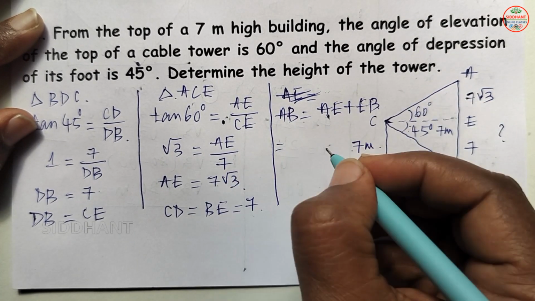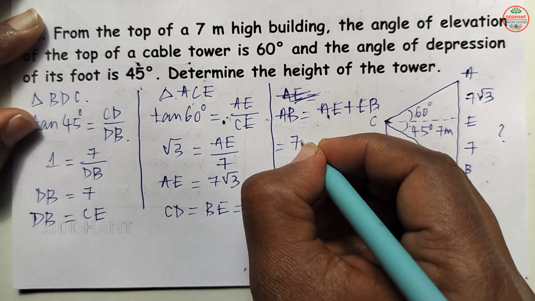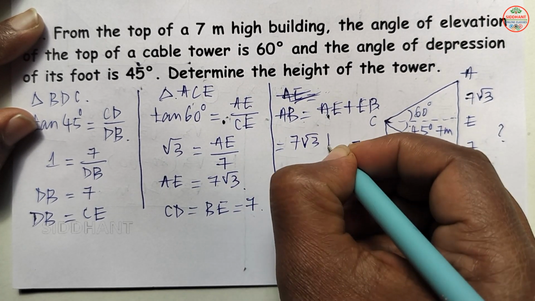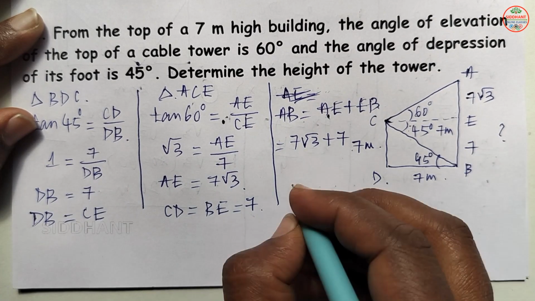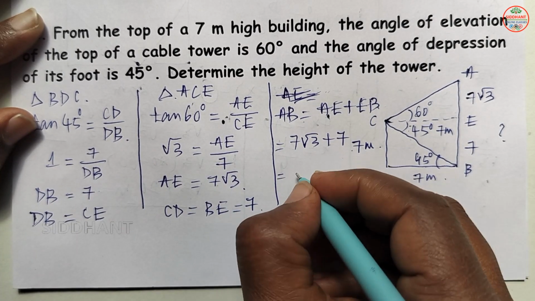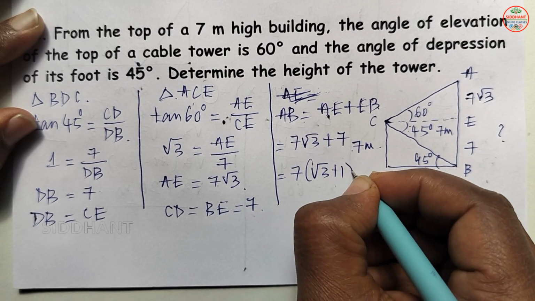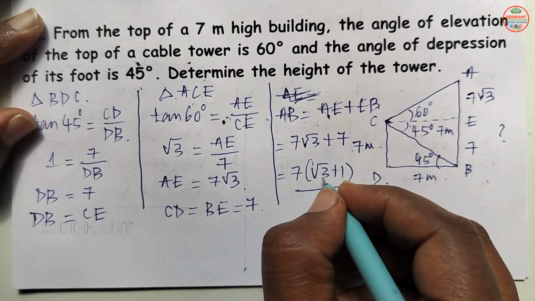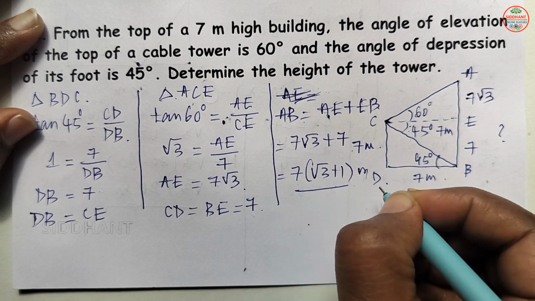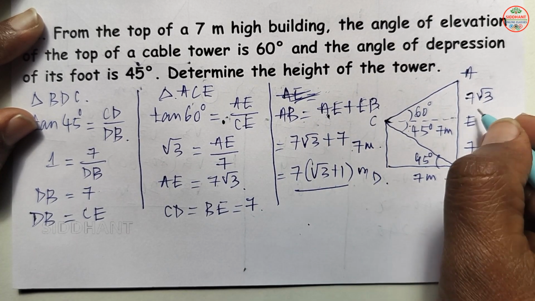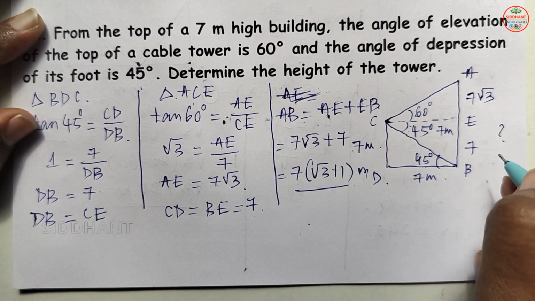AE we got is 7 root 3, plus EB is 7. So we take 7 common, which is root 3 plus 1. So 7 times (root 3 plus 1) meters is the height of the tower here.